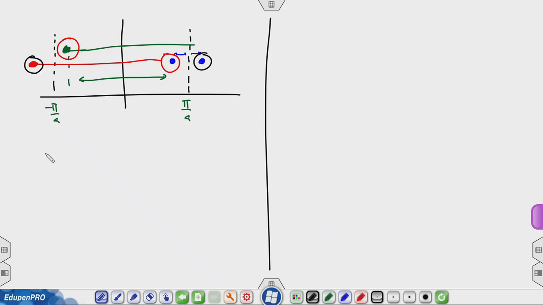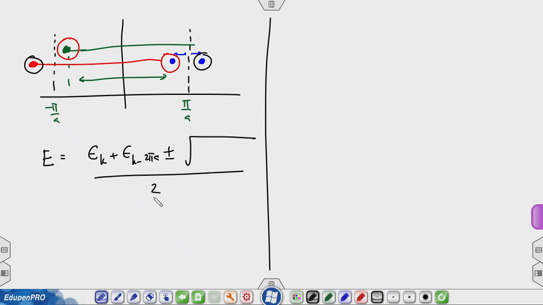So, if you write the expression for E, which was E of k plus E of k minus 2 pi by a, plus minus all that, divided by 2, the energies for beyond the Brillouin zone and before the Brillouin zone are the same. So, if you were to plot it, you get an energy level like this, and again it will go like this.